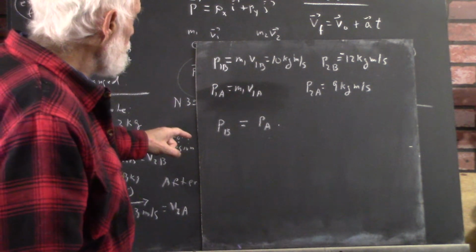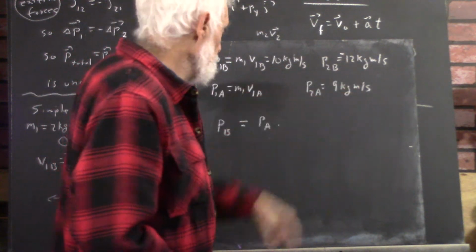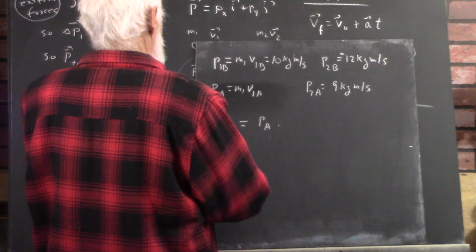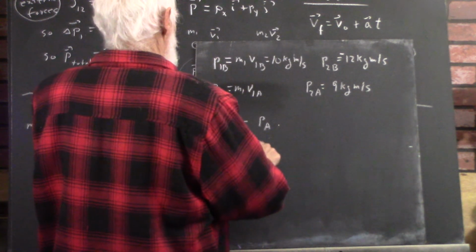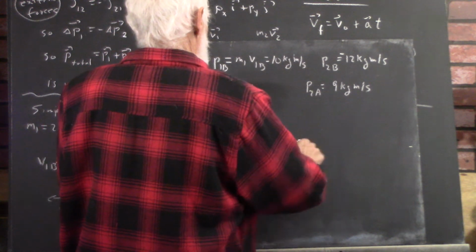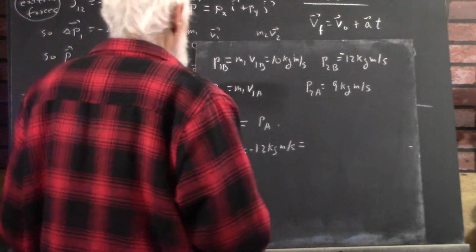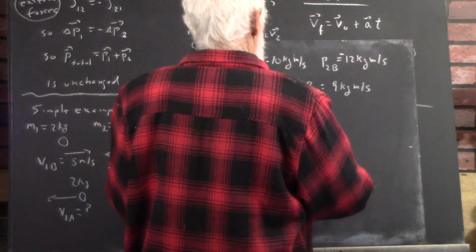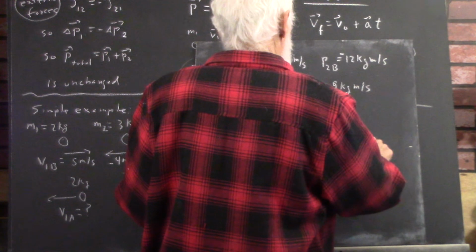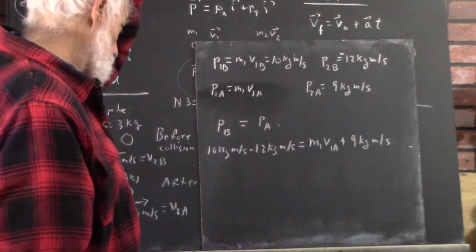Total momentum before is 10 kilogram meters per second minus 12 kilogram meters per second. And that equals total momentum after, which is M1 V1A plus 9 kilogram meters per second.